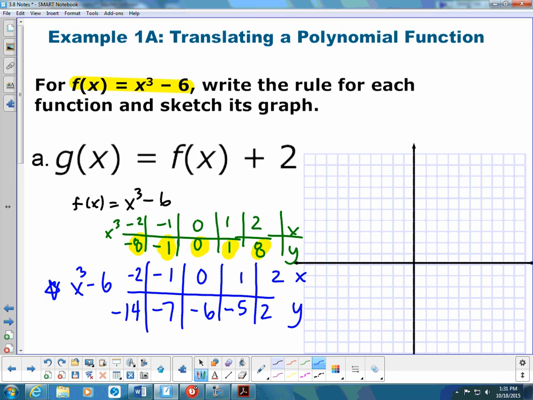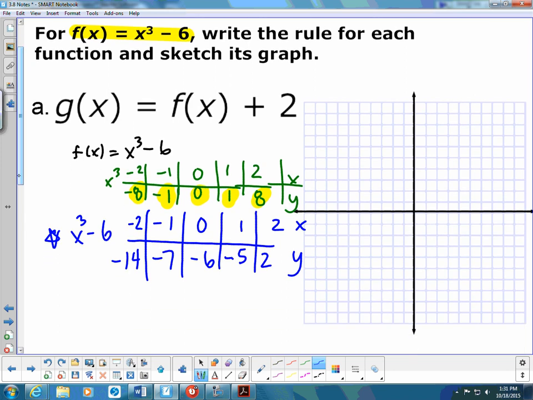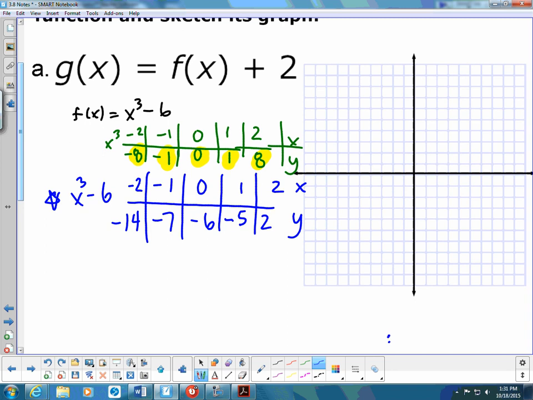All right, so let's plot in blue what the parent function will be for this problem. So -2, -14, can't really fit it on my graph, but we do know that it would be somewhere down there. Okay, we're going to plot -1, -7, 0, -6, 1, -5, and 2, 2.